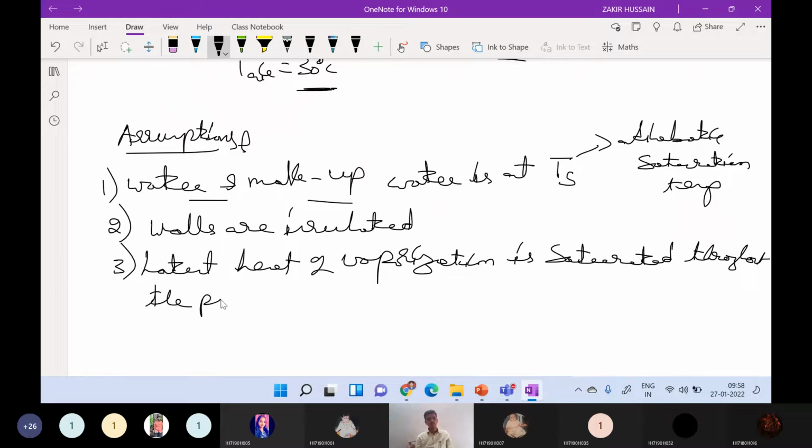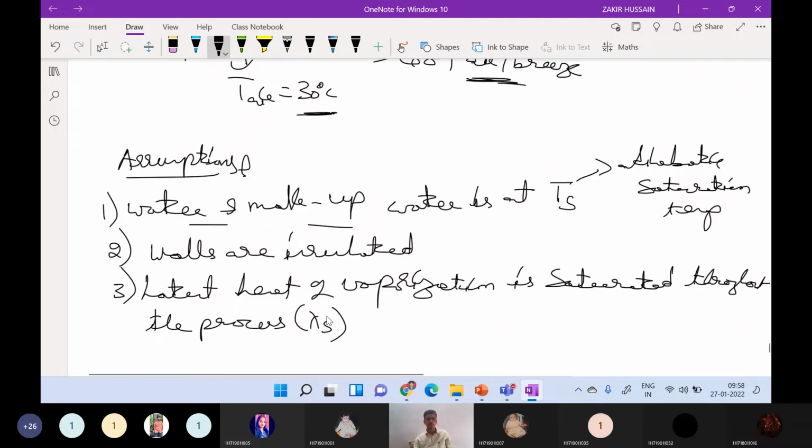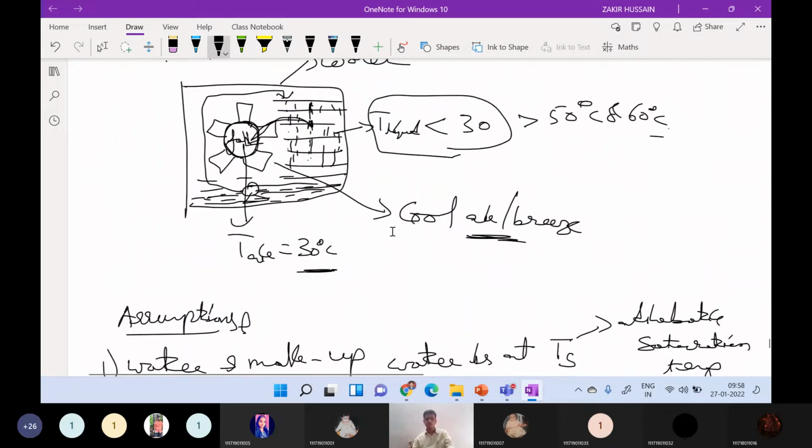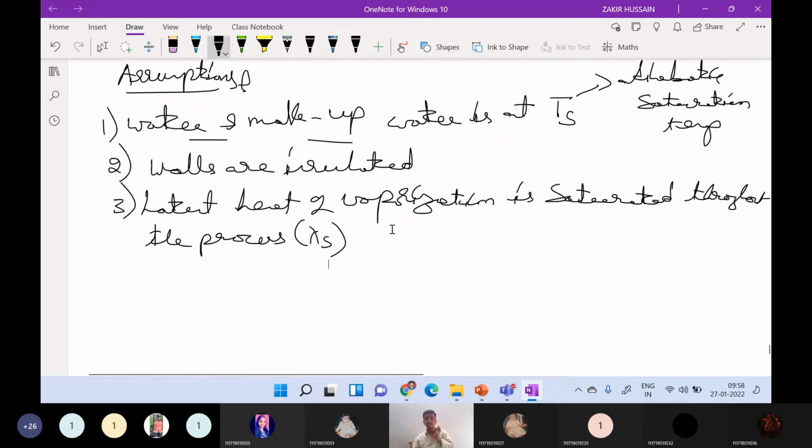Why is latent heat coming here? Because the liquid water is getting converted to vapor, so there is a phase change. That's why the latent heat is coming here.